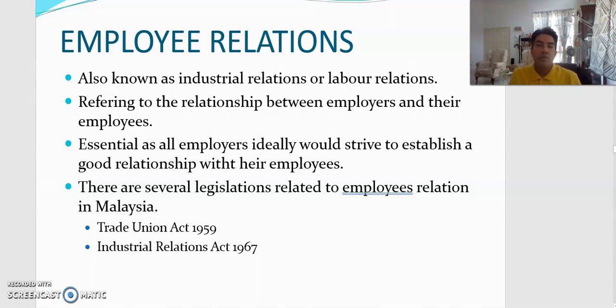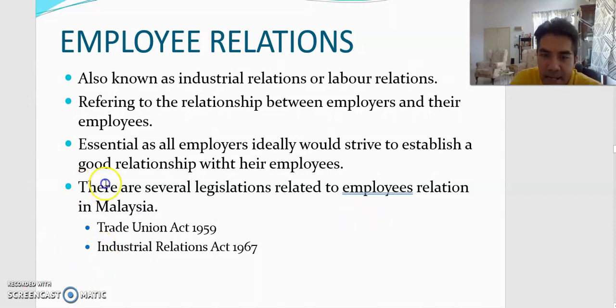And the employee, on the other part, cannot demand too much and expect the employer to provide high salaries for minimum effort delivered to the organization. So basically, that's pretty much about the employer-employee relationships.